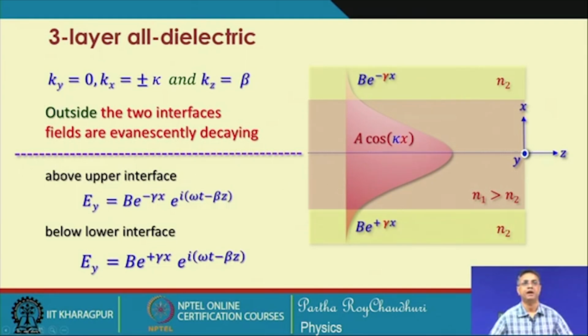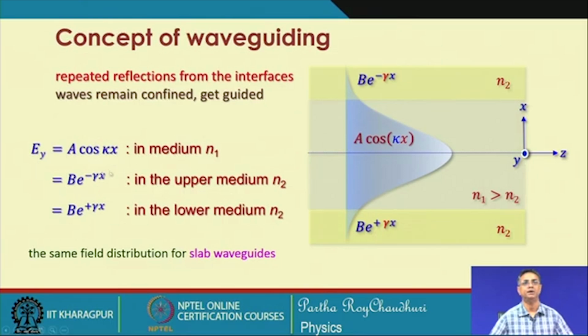So, above the upper interface you have an electric field which is given by this, because x is positive and the field is exponentially decaying, and below the interface x is negative, the field is exponentially decaying. So, we have these two expressions for the upper region and the lower region, and for the in between we have that equation.